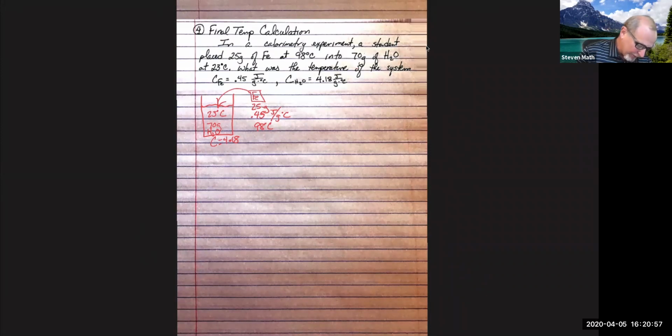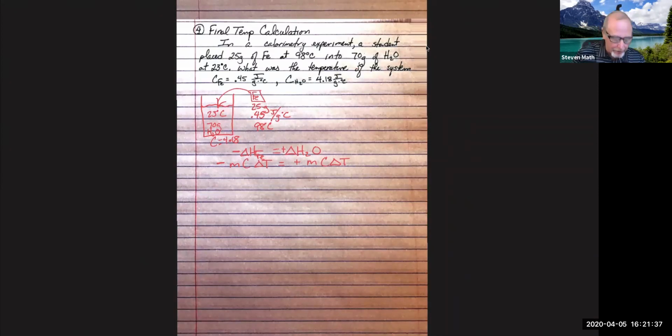In that case, basically the delta H of the iron is equal to the delta H of the water. The iron was hot. It's going to lose energy. The water was cool. It's going to gain energy. So if that's the case, what we've got is negative MC delta T of the iron is equal to positive MC delta T of the water.